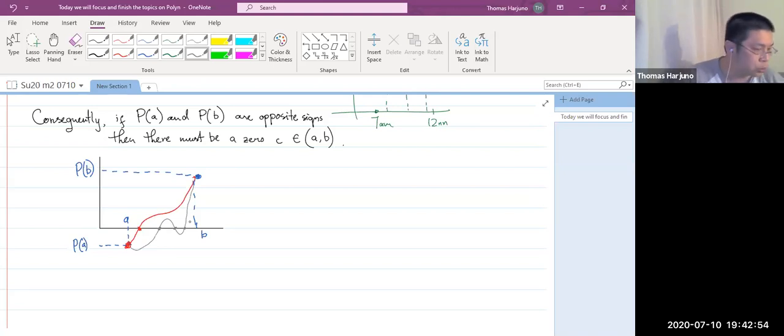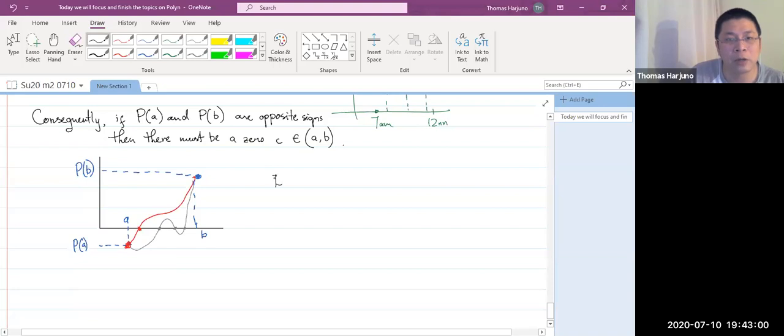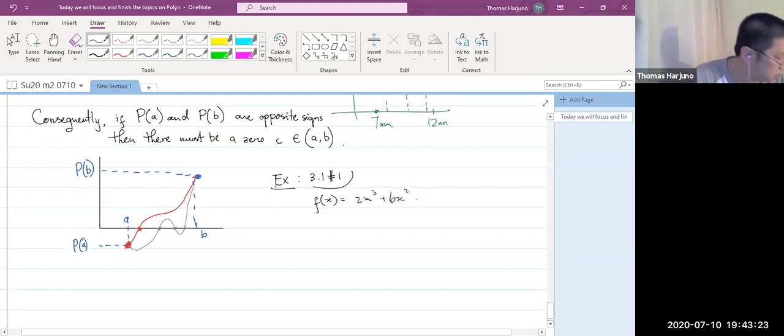Now, how do we use this fact? Let's say, for example, I pick a question from our textbook. Number 6. So this is 3.1, number 6. I will start doing problems in the book. 3.1, number 6, we have f(x) equals 2x cubed plus 6x squared minus 3.